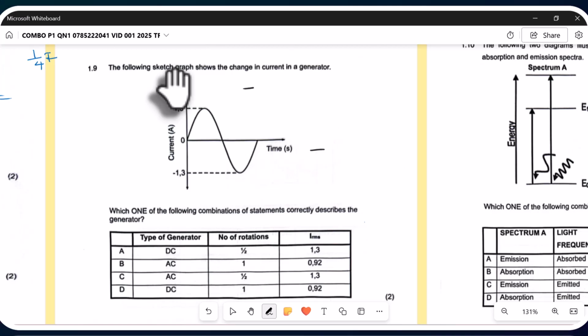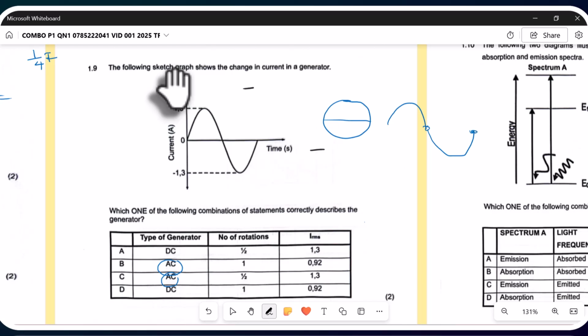We have emission, absorption, emission, absorption. Then light frequencies, absorbed, emitted. Then spectrum B, they're saying absorption, emission. Then light frequency, emitted, absorbed, absorbed.